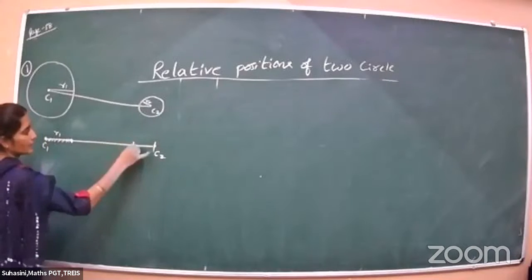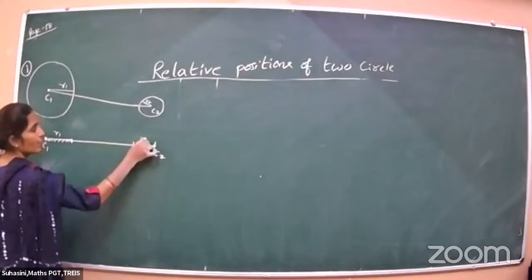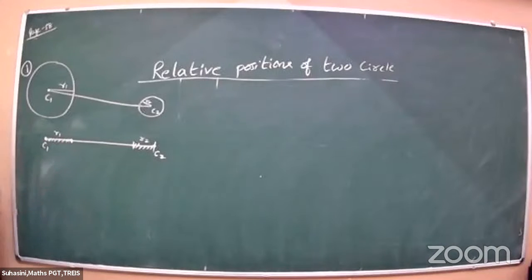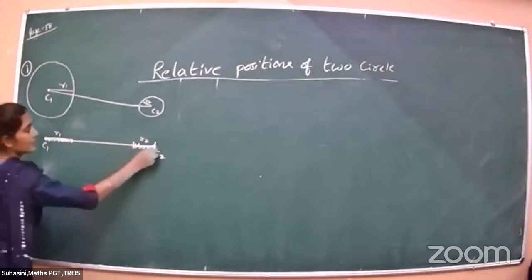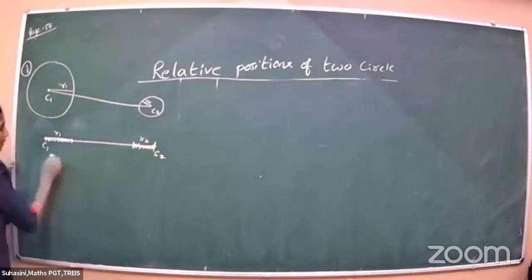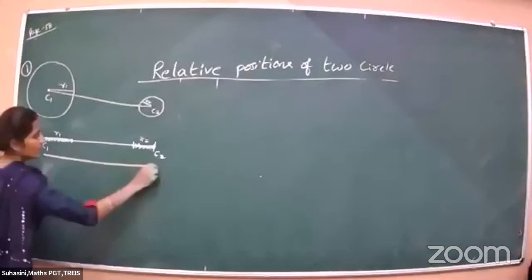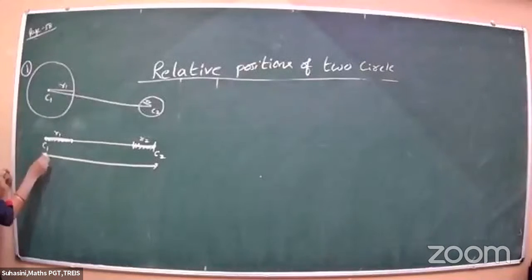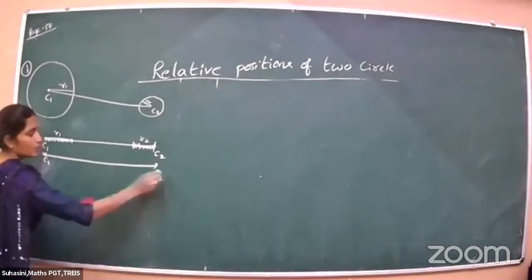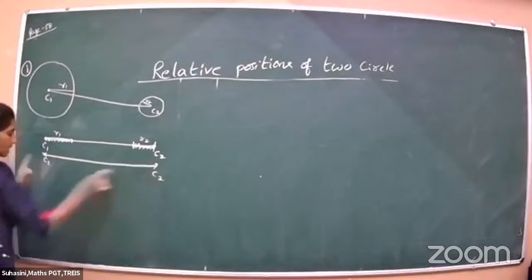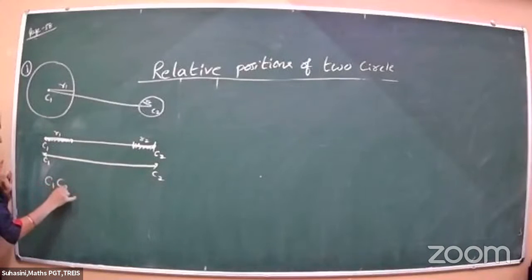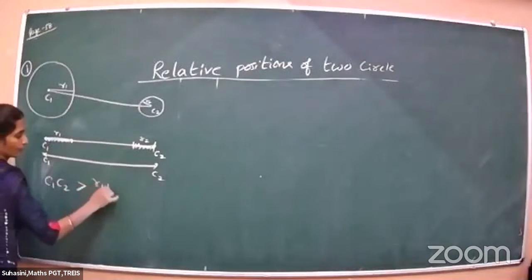But this length, the distance C1 C2, is greater than R1 plus R2.